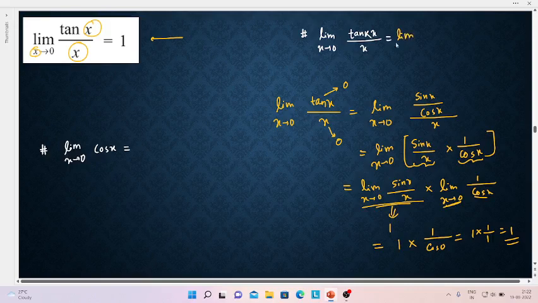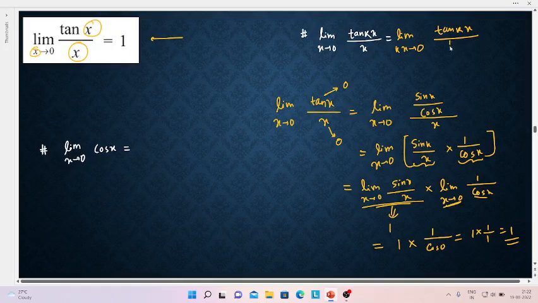Since x can be written as kx tends to 0, and tan kx is there, we have to first multiply the x with k, and we have to multiply the function with k, right? Then after cancelling k and k, we will get the previous one.